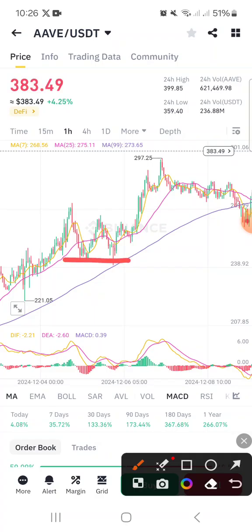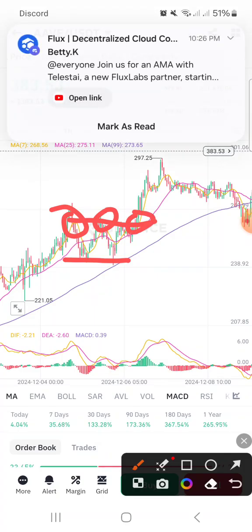For these as support, we can get their resistance somewhere here, because we can get a candle here that went that far and it was rejected, it came down. Here it was rejected, it came down.